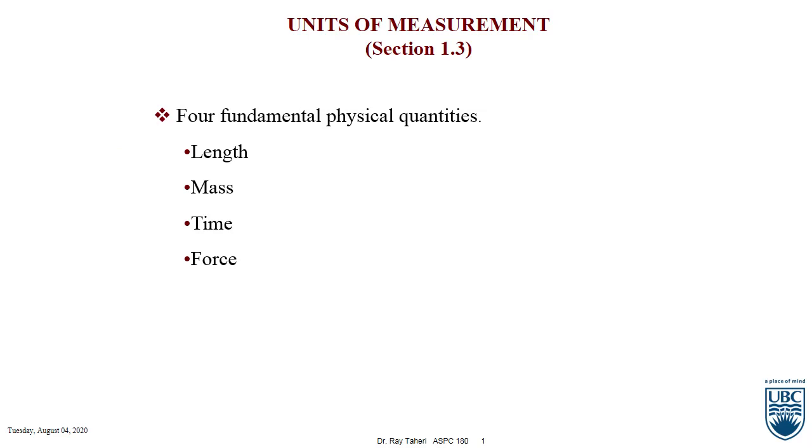Right off the bat, we have four fundamental physical quantities. These are the major quantities: length, mass, time, and force. Many other quantities are derived from these four main quantities. For example, acceleration or speed deals with length as well as time.